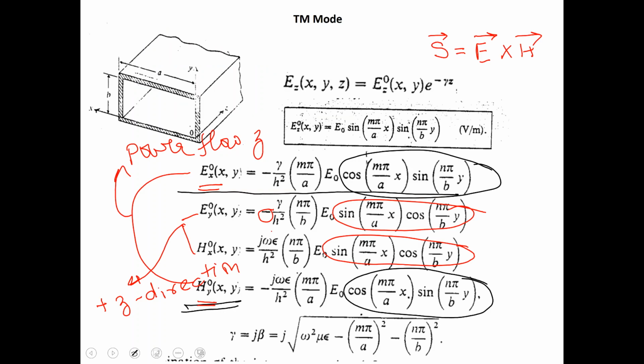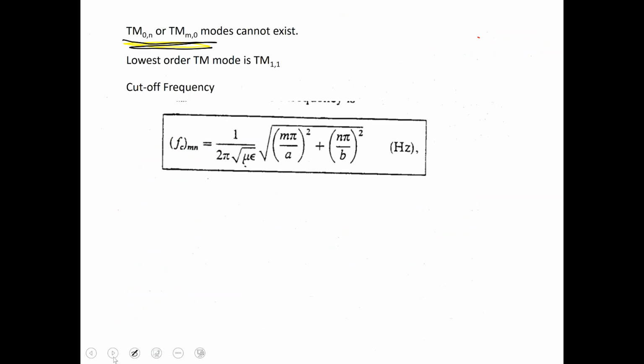If either m is equal to 0 or n is equal to 0, Ez goes to 0, and not only that, every other term goes to 0. Every other term is dependent on Ez. If Ez is equal to 0, then those terms do not exist. So if either of m or n is equal to 0, the sine term goes to 0, so there is no mode present.